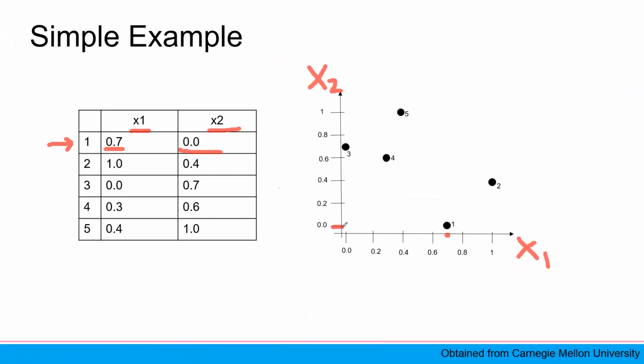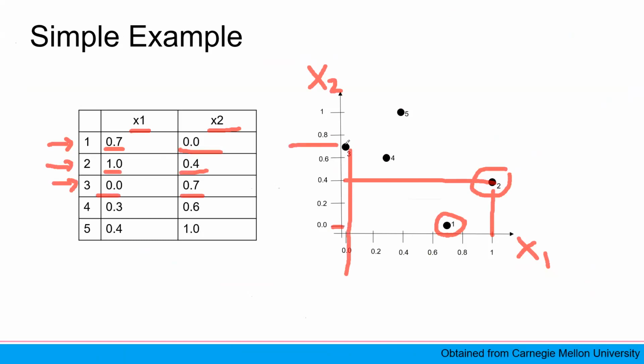Data number 2 is when X1 is 1 and X2 is 0.4. Data number 3 is when X1 equals 0 and X2 is 0.7. And so on for number 4 and number 5.